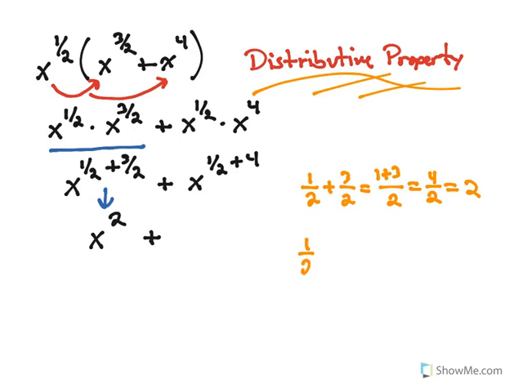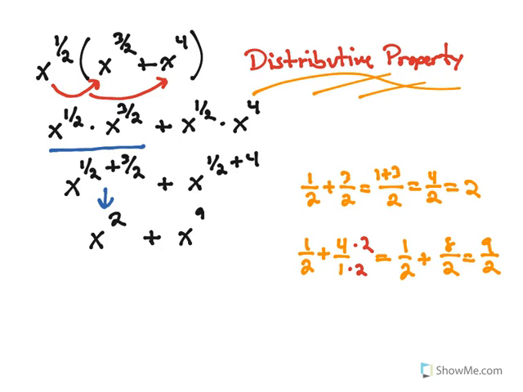We have 1/2, we're adding 4 over 1. Common denominator needs to be 2, so we're going to multiply that whole right fraction by 2. So now we have 1/2 plus 8 over 2. That's going to give me 9/2.